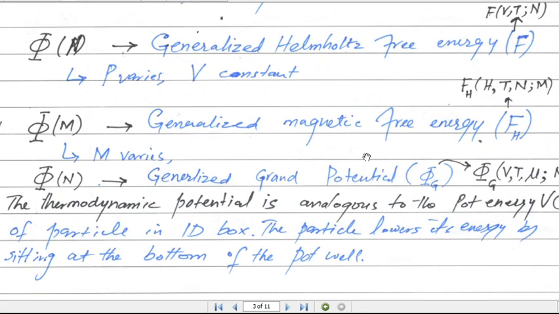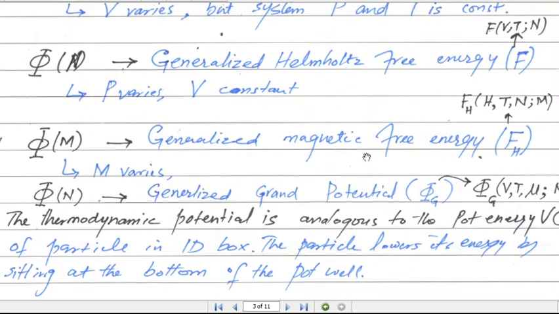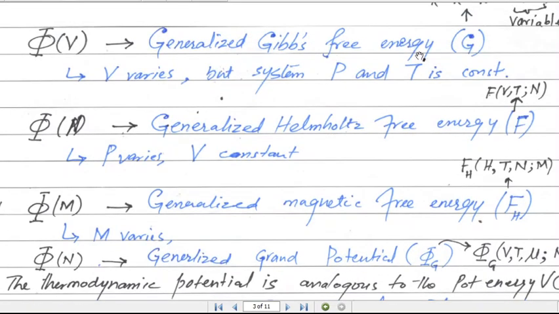So here, we are going to define a general mechanism for all kinds of phase transitions, for all kinds of thermodynamic potential. We can denote the Gibbs free energy, or Helmholtz free energy, or magnetic free energy, or grand potential, which are being minimized, by a similar symbol, which is this capital Phi.